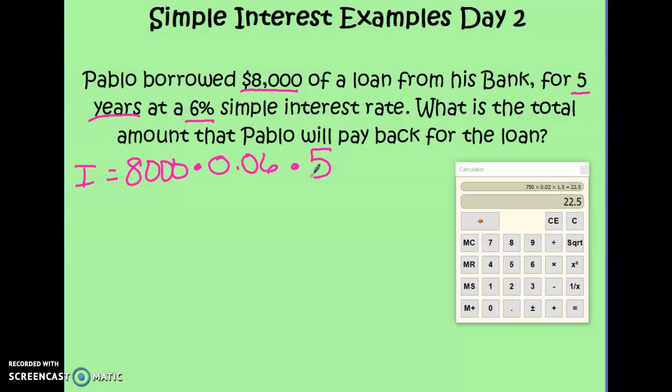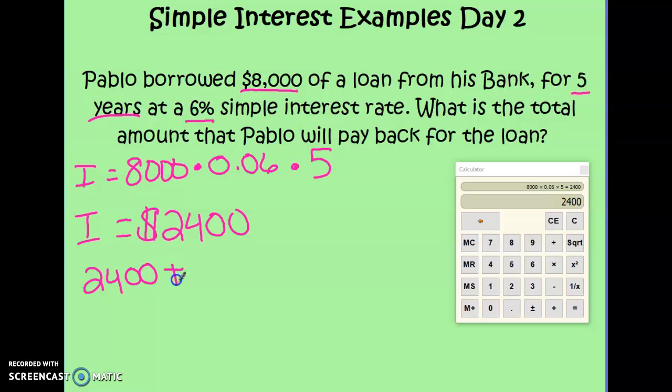So we're going to multiply this out, 8,000 times 0.06 times 5 years. So in interest alone, he is paying $2,400, but it's asking how much total is he paying back. So I've got to add this $2,400 to the initial $8,000 that he borrowed.